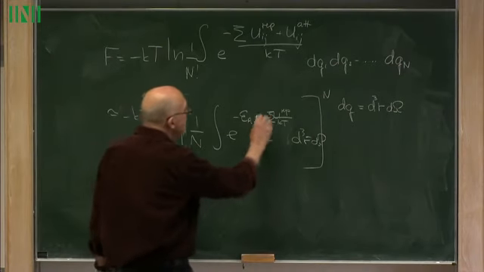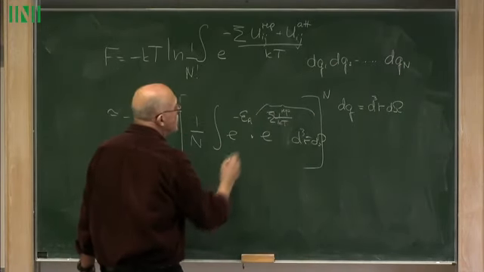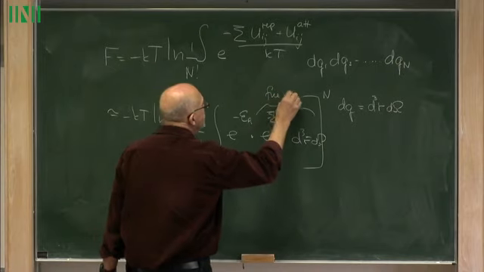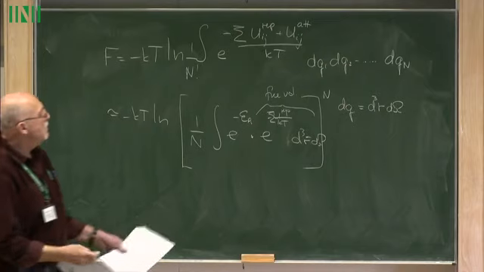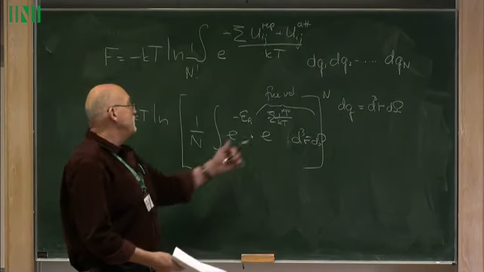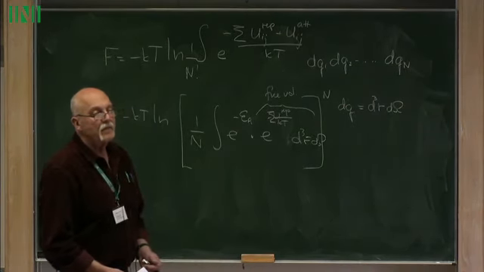So this integral here over the volume just gives me the free volume available to one particle. And essentially all the problem is just how to estimate this free volume.